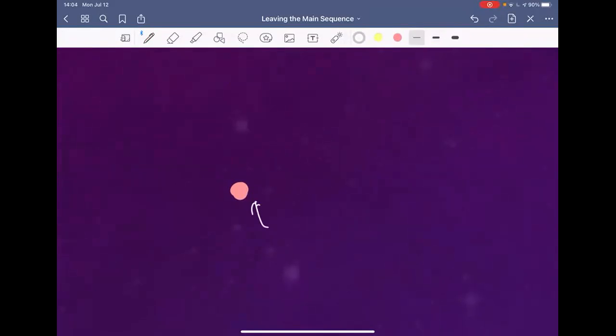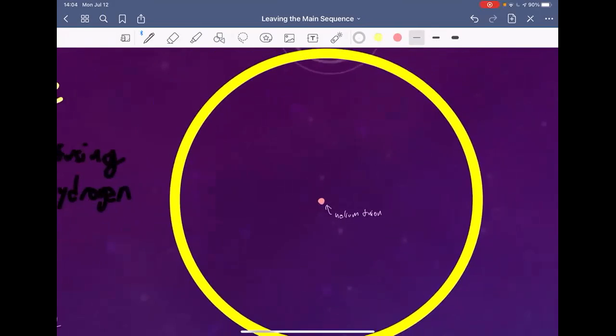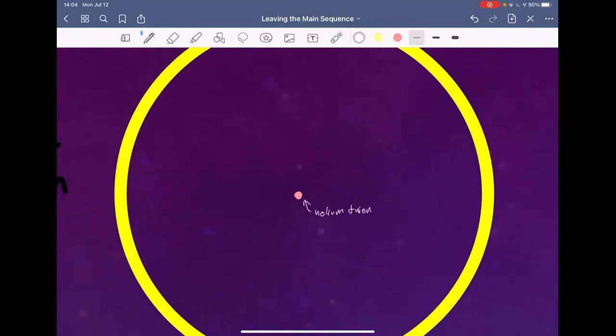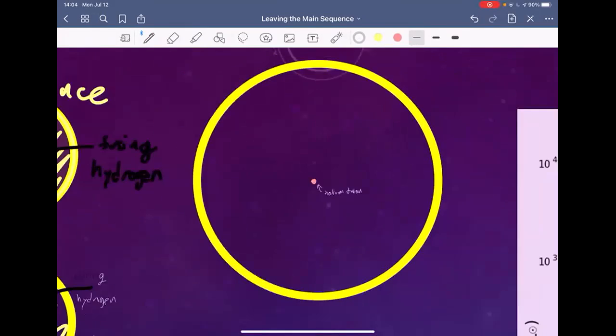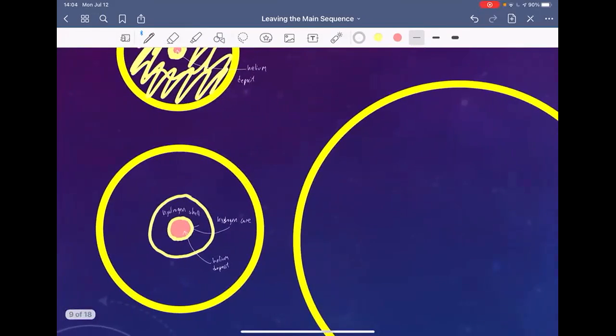Helium begins to fuse. Helium fusion happens once you reach, let's say, 100 million degrees Celsius. When you become that hot, then helium is able to fuse. And remember, the reason it gets smaller is that as you run out of hydrogen, you don't have enough pressure to push out on the core.